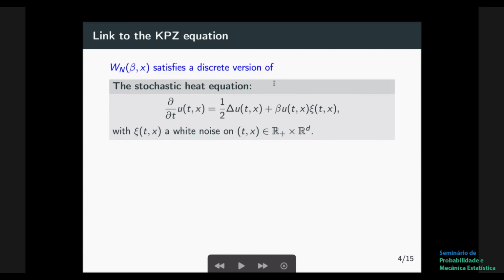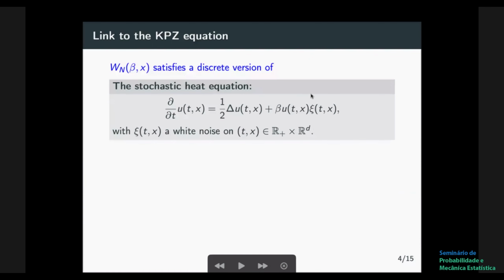It's an equation with a Laplacian, so you have some diffusivity, and you have a white noise psi on the whole environment R times R^d. The specific behavior is that this white noise is multiplied again by u, so we sometimes call it a multiplicative stochastic equation. There have been many works on the links between polymers and stochastic equations. Basically, the partition function is the Feynman-Kac formula for the stochastic equation.